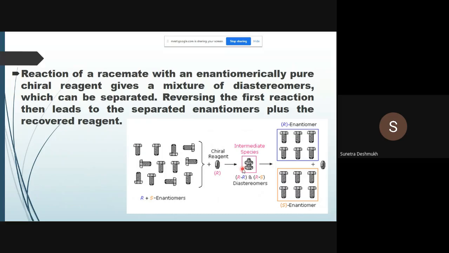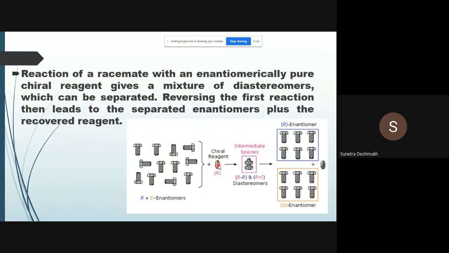So pay attention to what is happening. When we add the chiral reagent to the racemate, the chiral reagent reacts or forms a complex with the R plus S enantiomers. The intermediate species are nothing but these complexes.